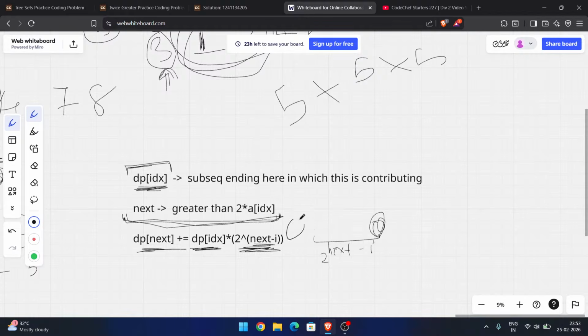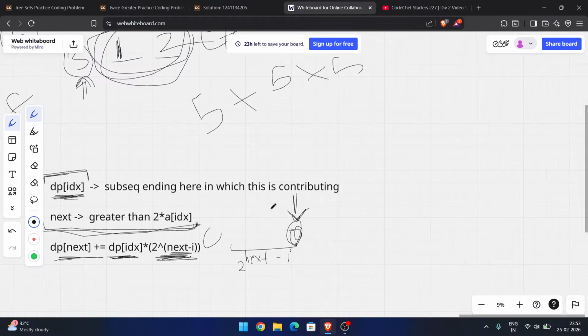Whenever I reach this index, I already have all the subsequences which end here and in which this number is contributing towards the answer. So I can carry forward the answer for the next number, and I can assume that this is the starting point.